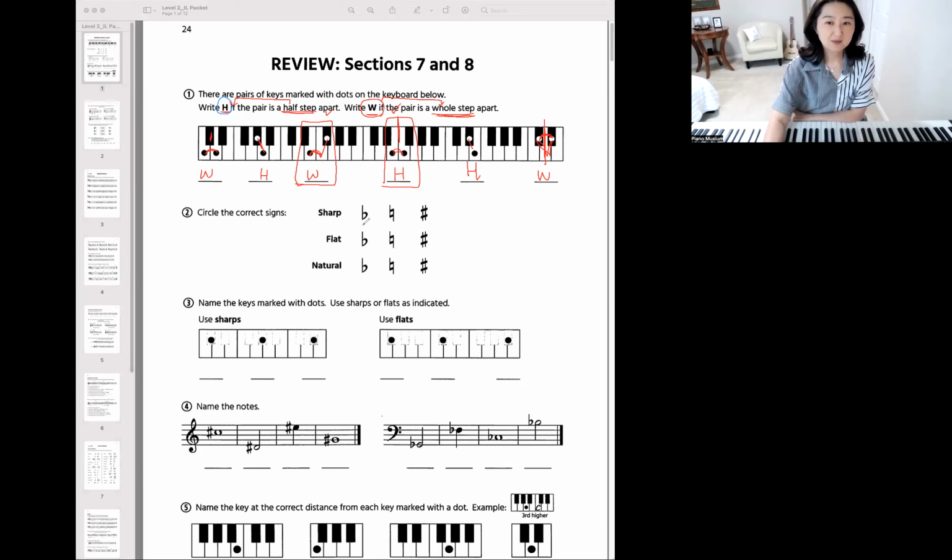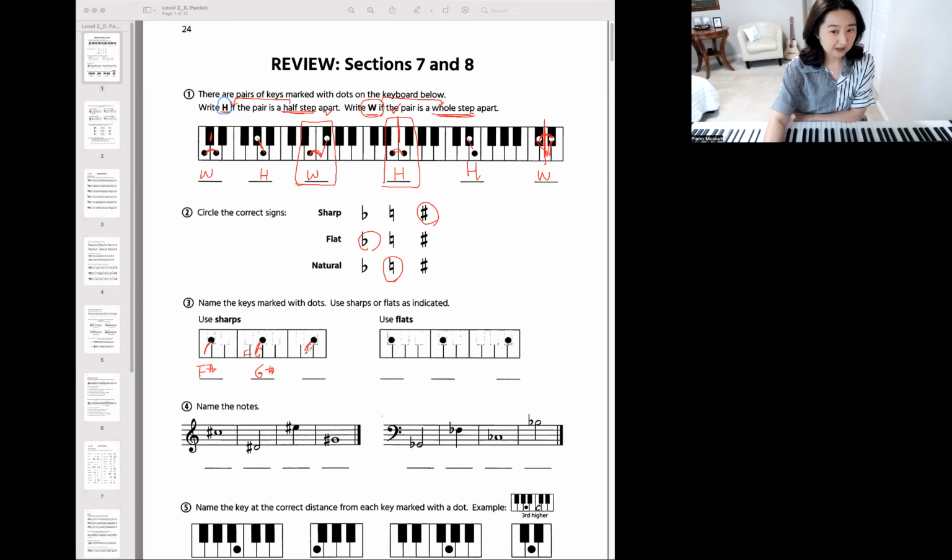Now, what about sharps, flats, naturals? Got it? Now, what about using sharp? To figure out which note to play, you have to go to the left side of the white key. So F sharp. Left side of the white key. 그래서 F, G니까 G sharp.